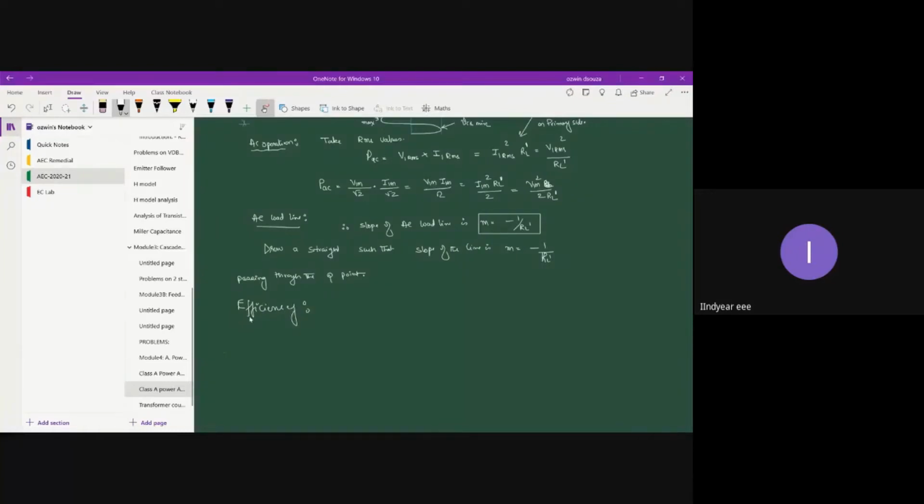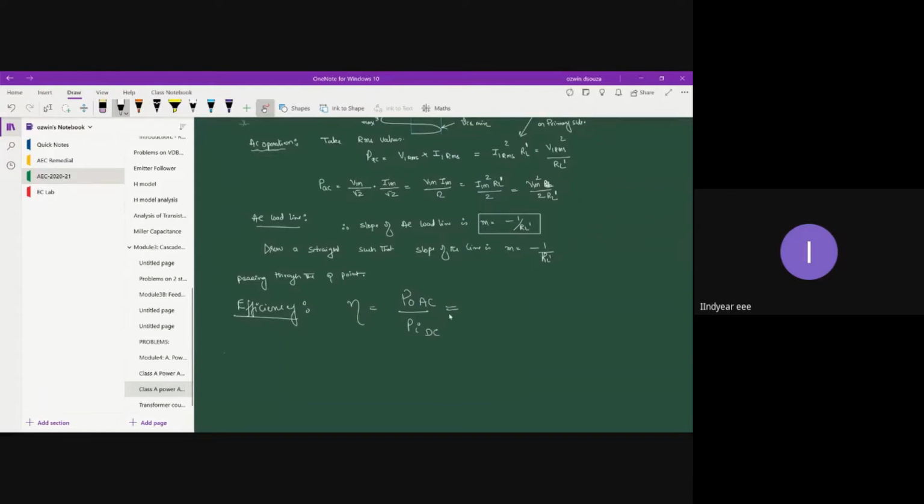Okay. So the general expression for efficiency is eta equal to power output over power input. Power output is the AC power delivered to the load, and power input is DC.